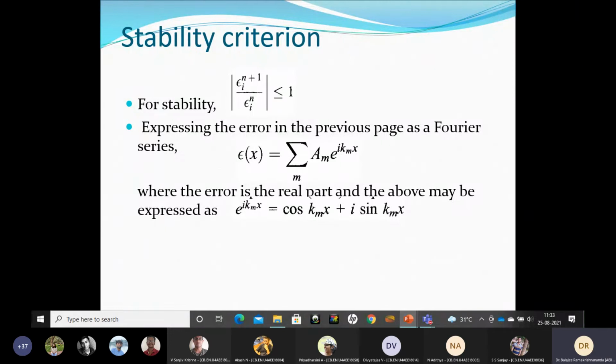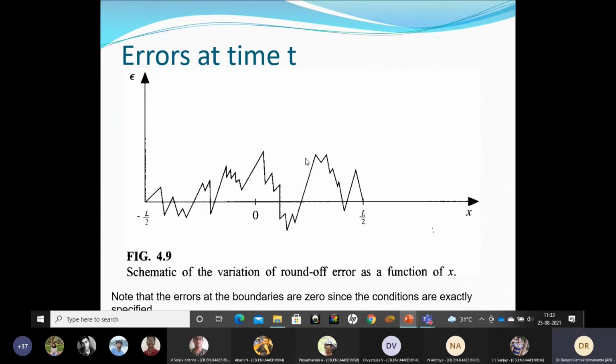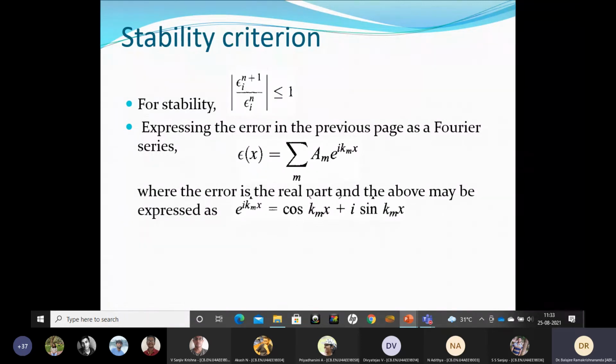Now the previous page, the error with x, if you express it as a Fourier series, you may forget whether it is sine or cos. Generally take e power i theta, where theta is k into x.